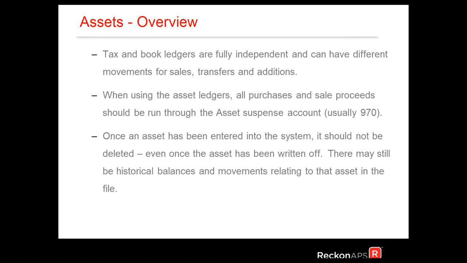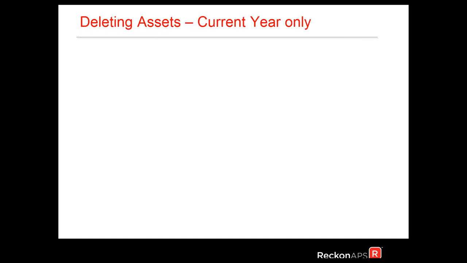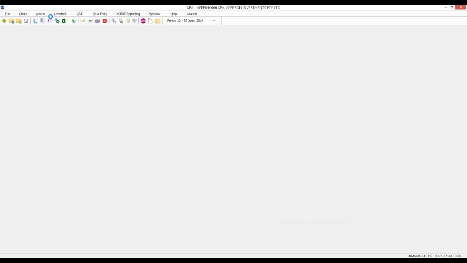There are, however, some situations that we would delete an asset, and most commonly that is in the current year. Okay, so usually it's when we've created an asset and we have allocated it to the wrong group. What we need to do is actually delete that asset and re-enter it into the correct group.